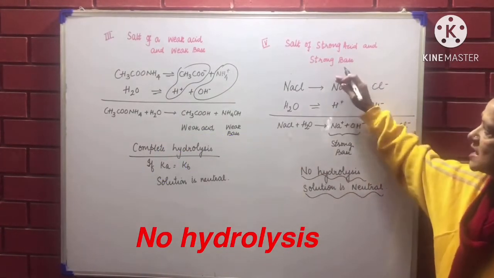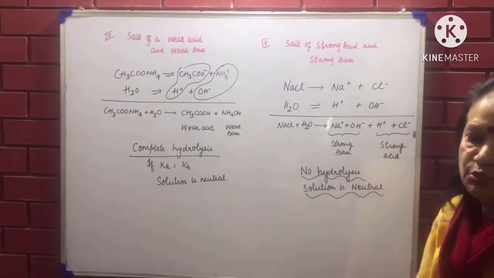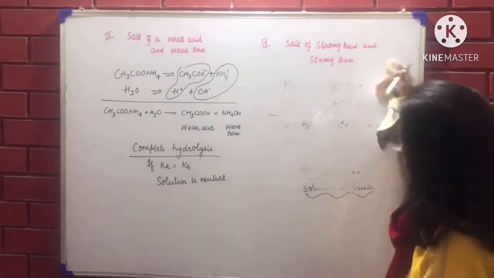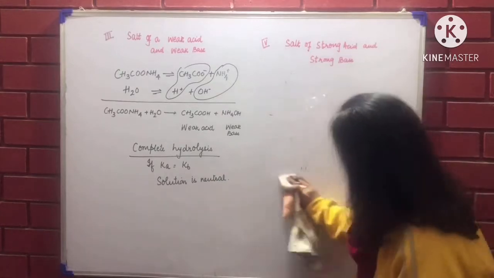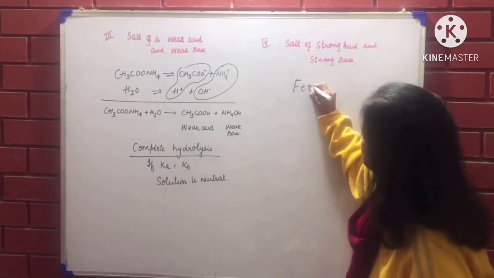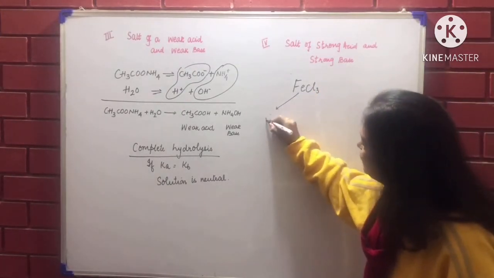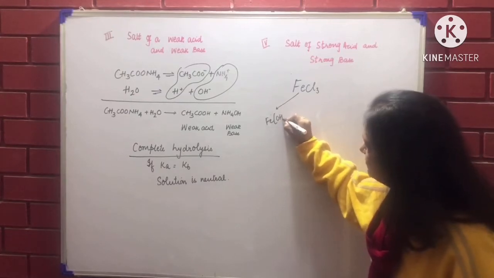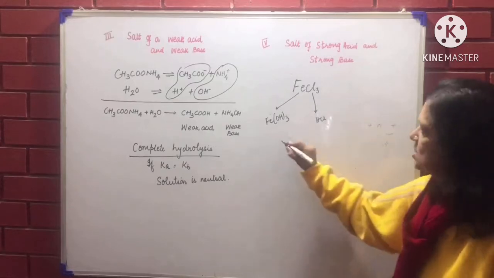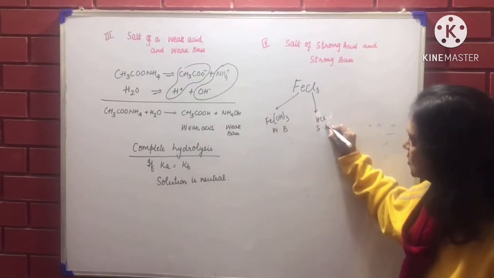So if you are asked what type of solution a substance will form, supposing I ask you what type of solution will be formed if I take, say, ferric chloride, FeCl3. You will think that this is made from ferric hydroxide, which is the base, and an acid, HCl. This is a weak base, but this is a strong acid.